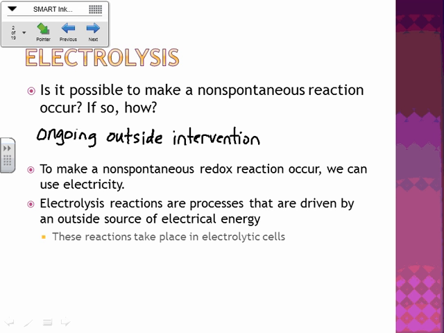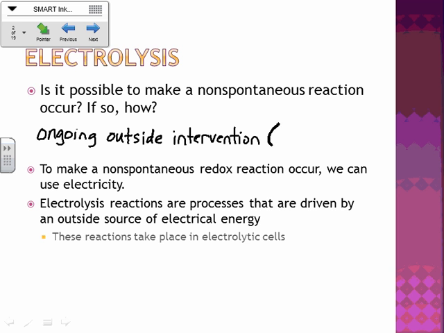Ongoing intervention would not be just a spark, but you have to continually be pumping energy in some form into this system. And as soon as you stop pumping energy into the system, what happens? The reaction stops, right? So it's not one of those things where you can give it a spark and it'll keep going on its own. This is something where you have to keep pumping energy into it continually. If you don't, the reaction stops, okay?